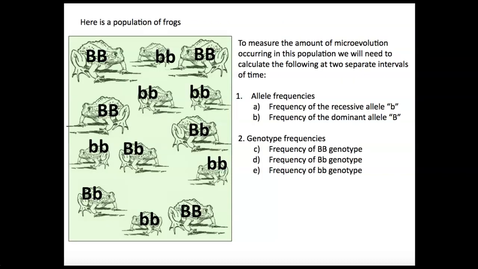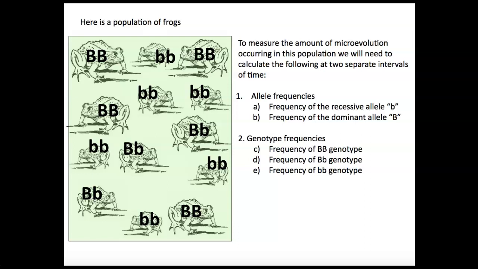So in this example, we have a population of frogs. These frogs have a trait that is controlled by a single gene. The dominant allele is big B, and the recessive allele is little b. To measure the amount of microevolution that is occurring in this population, we need to calculate the 5 different variables at 2 separate intervals of time. The first 2 variables are related to the allele frequencies, and the other 3 variables are related to genotype frequencies.